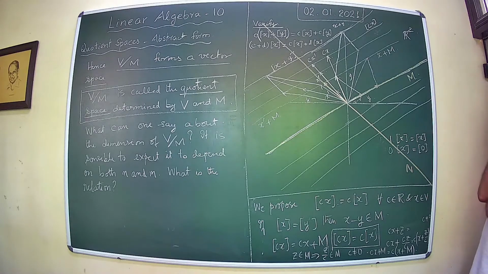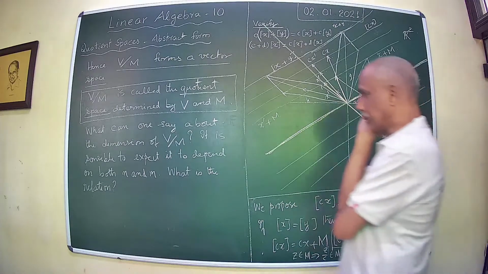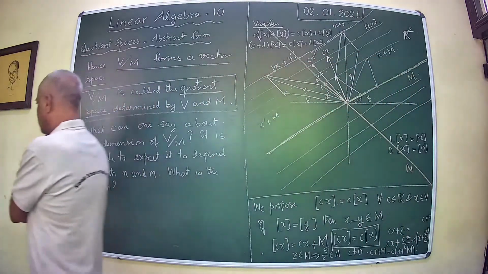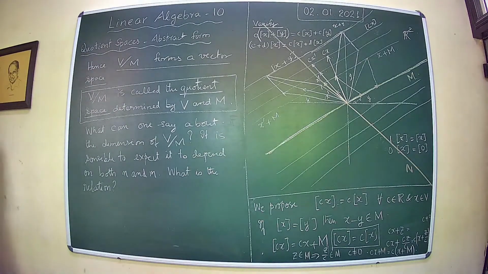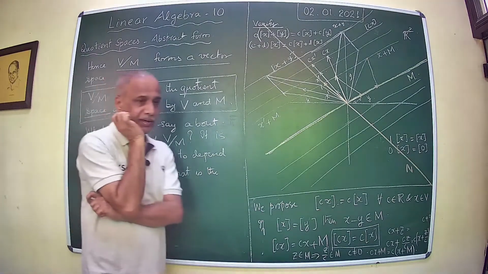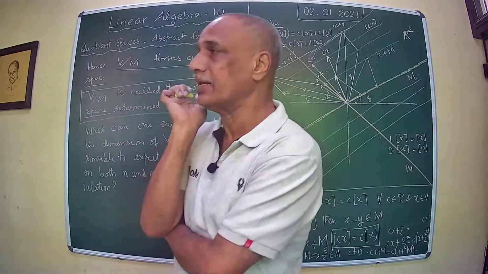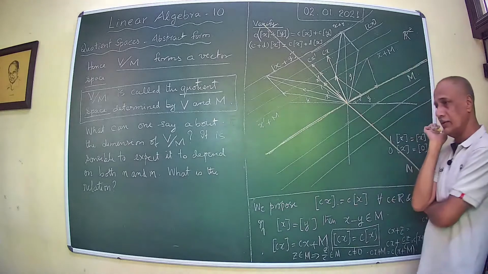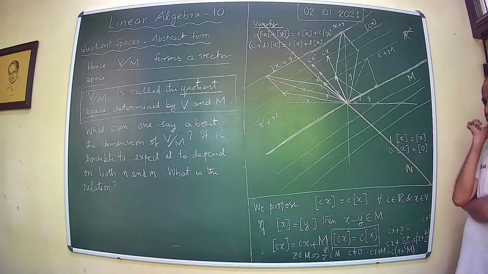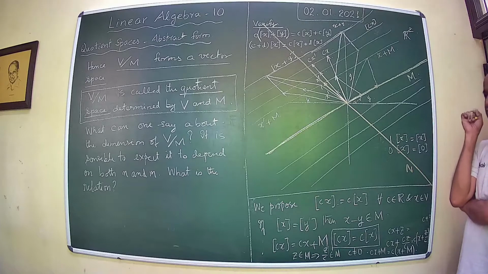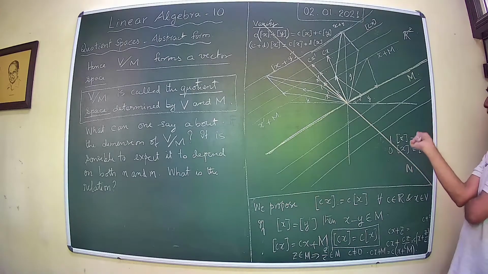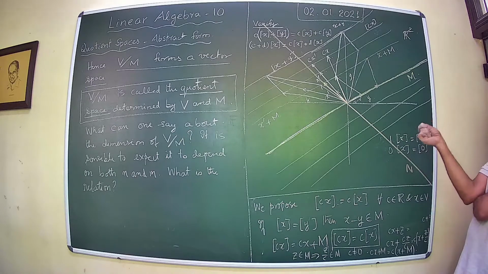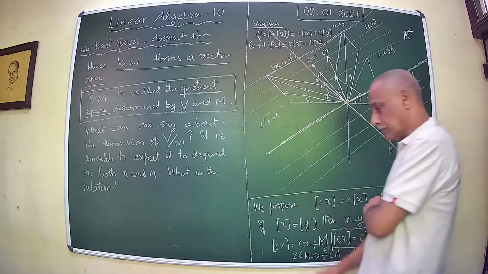Okay, therefore, what do we have? We have a credible speculation that the dimension of V by M is equal to the dimension of N, because every element of N can be identified with an element in V by M, and corresponding to every element in V by M, there is some element in N which generates that particular element.